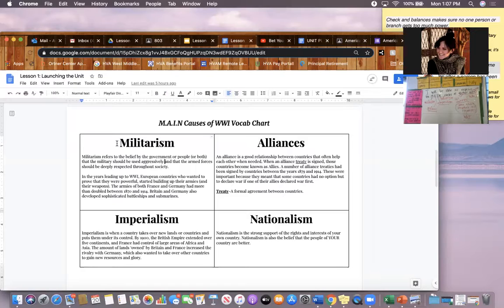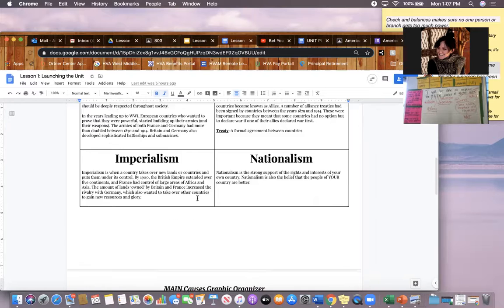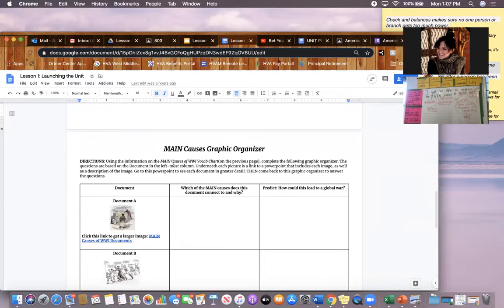So first, you've got your main causes of World War I vocab chart. Before you begin today's activity, you're going to go through and read, annotate your vocabulary chart. Once you've done that, you'll be able to answer the questions in your main causes graphic organizer. This is your assignment for today. Directions.